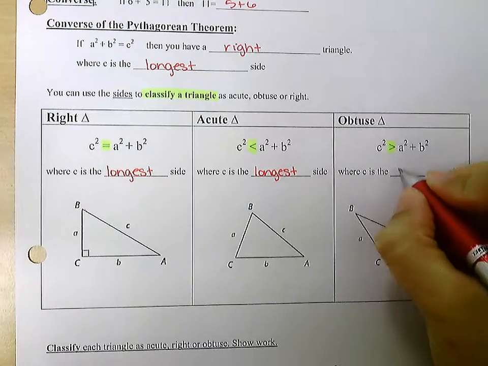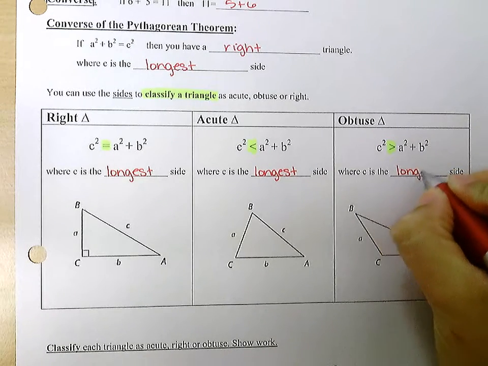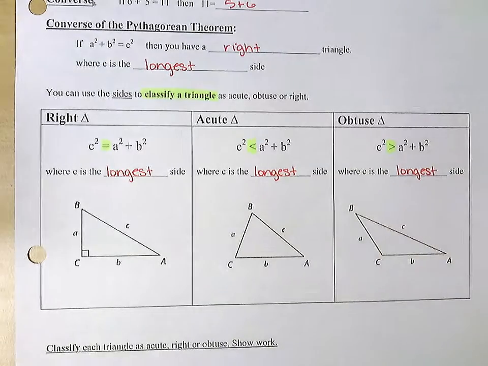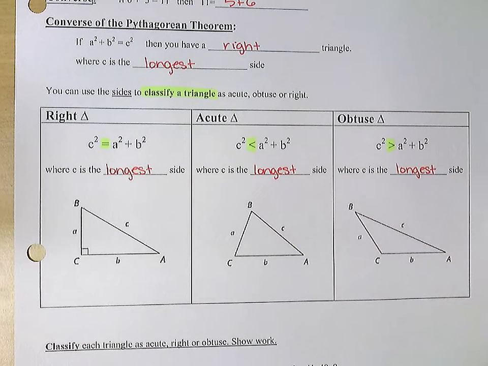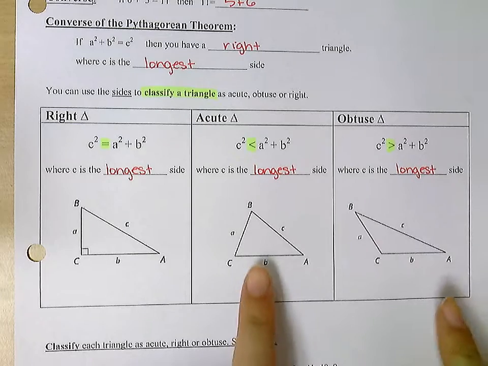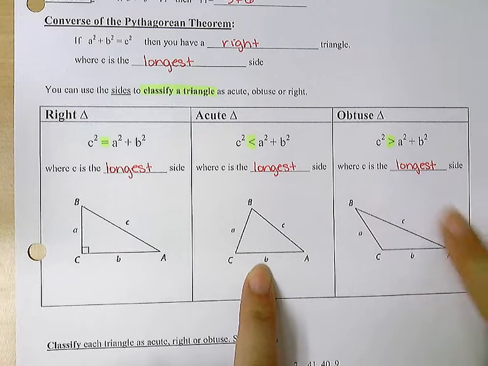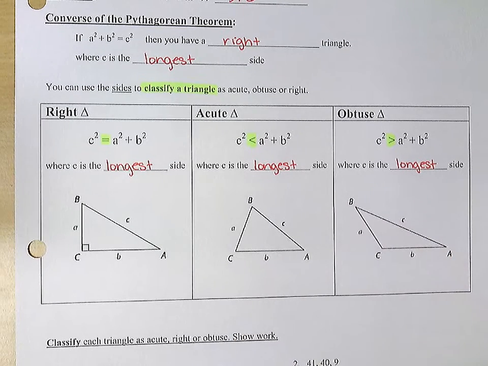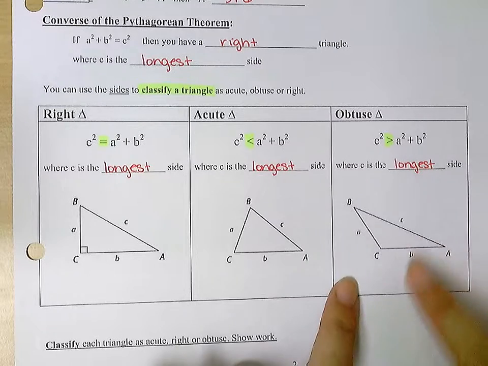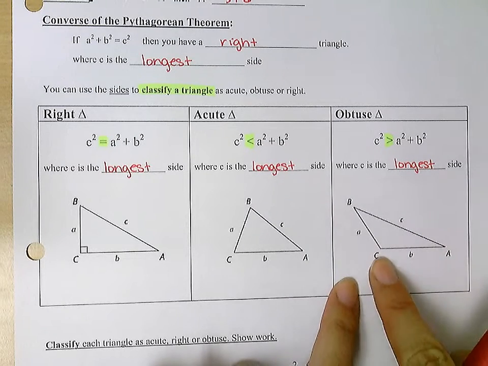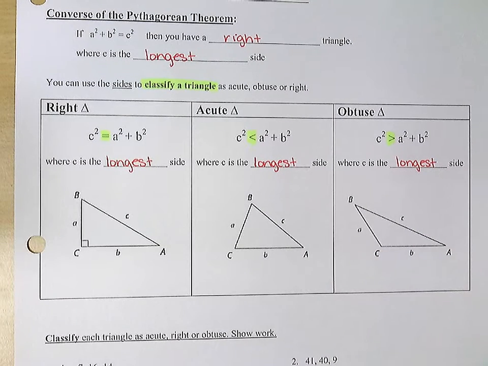And again, c is still the longest side. Okay, so our pictures here, this is what an acute triangle looks like. All of your angles are less than 90 degrees. In an obtuse triangle, you do have one angle that is greater than 90 degrees.